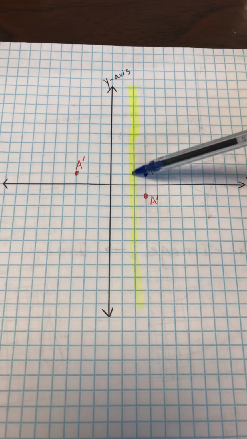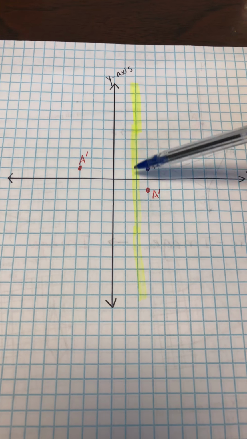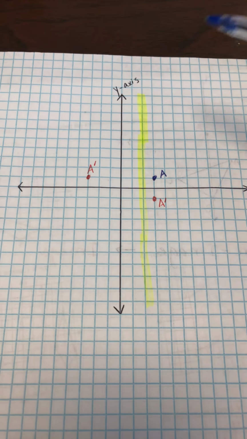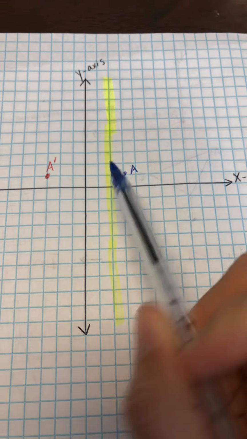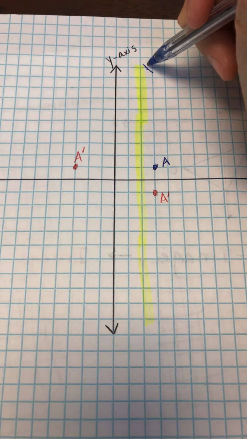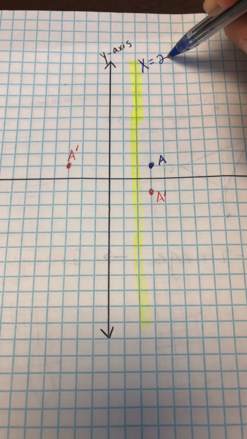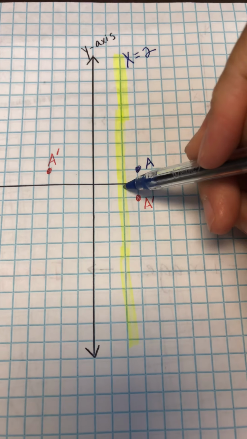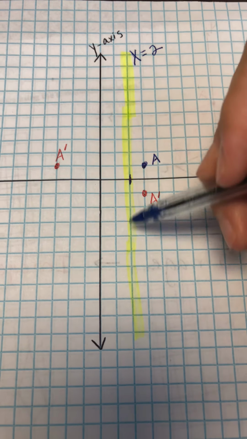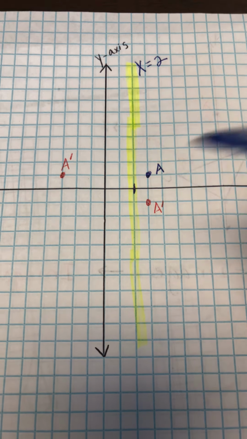The vertical lines are always going to be x equals equations. So this line that I have highlighted here, this would be the vertical line at x equals 2. Now I know that because if I come over on the x-axis to where x is 2, that is the vertical line where x is 2.